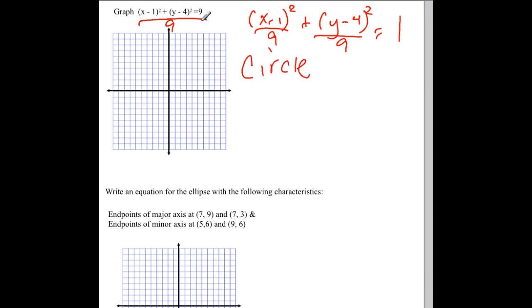So it is a circle. Where is the center of my circle? 1, 4. Okay, and radius is 3.